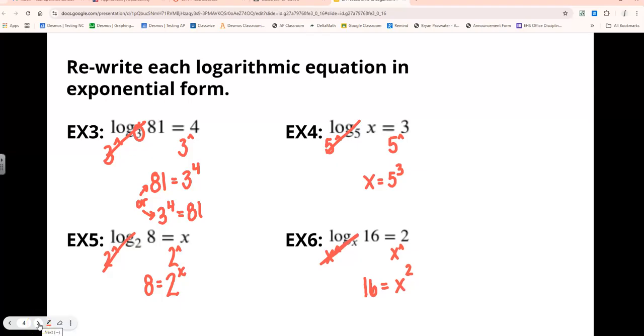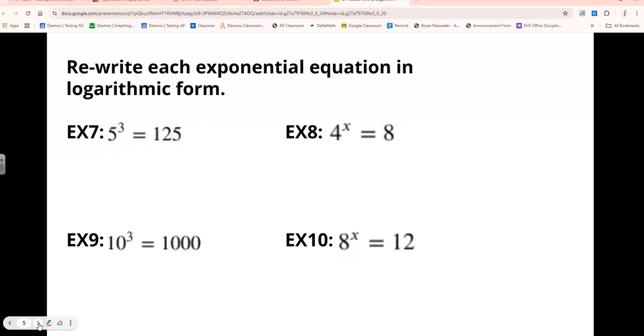We also have to be able to take exponentials and rewrite them as logs. Okay, so here we've got 4 examples where we've got exponentials. Whenever I look at this, Zoe, what is the base for this exponential equation? 5. It's the number being raised to the power, right?